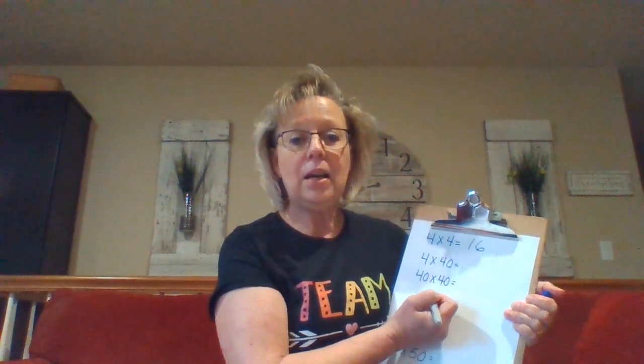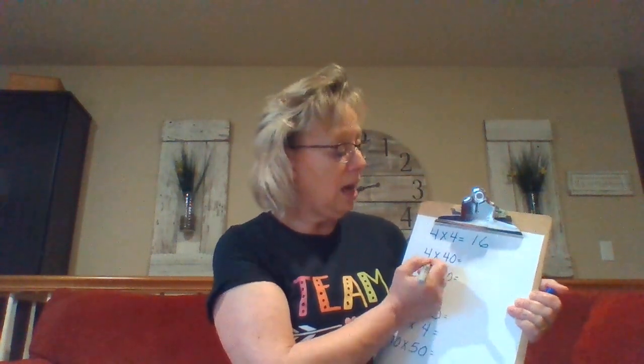So let's look at just a basic fact, which hopefully you've been working on in your flashcards over this quarantine break. The first one, 4 times 4, we know is 16. But then if we use that fact for 4 times 40, I know that 40 is 10 times more than 4. So I'm still going to look at my basic fact of 4 times 4, which is 16.